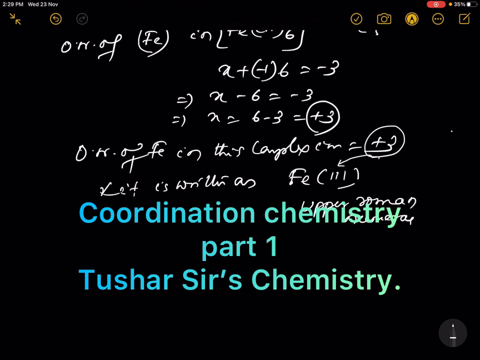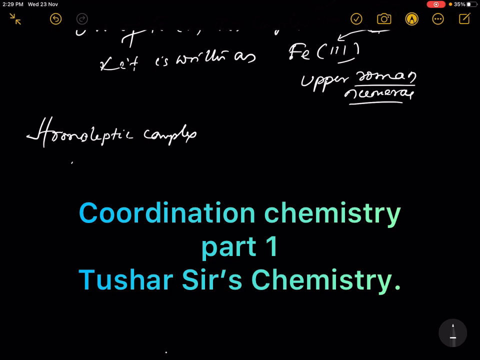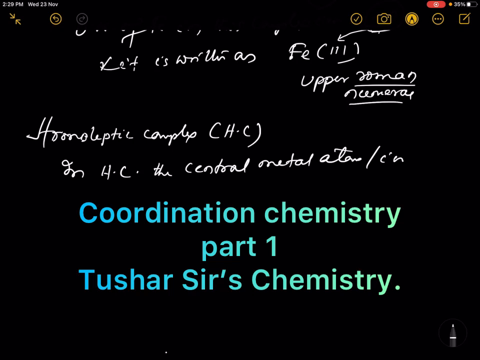Then homoleptic complex compound. In a homoleptic complex, the central metal atom or ion is bound to only one kind of donor groups, and you know donor groups are ligands.